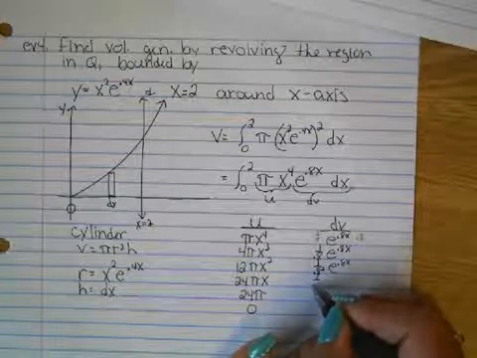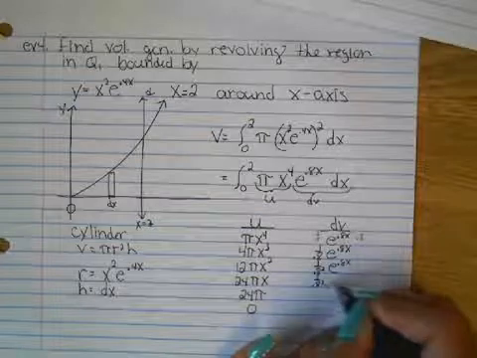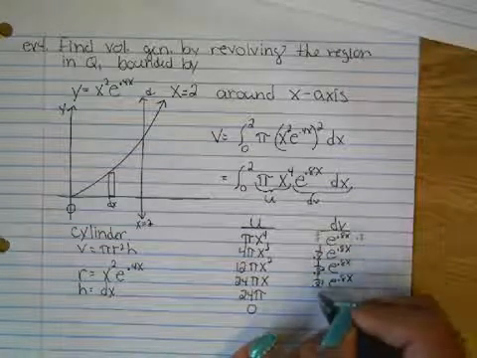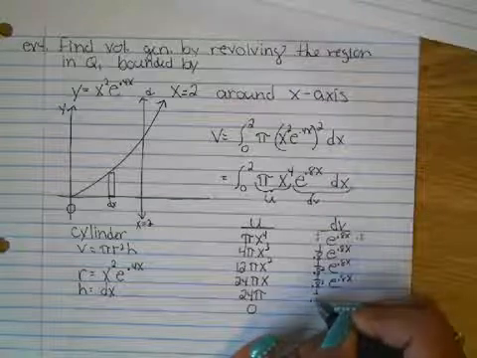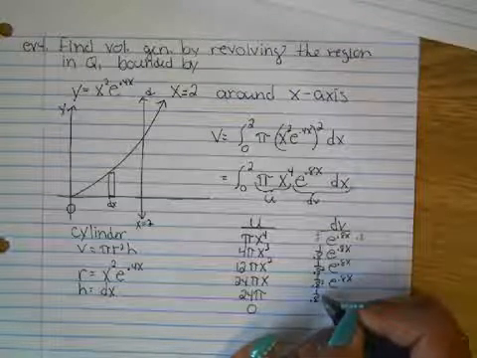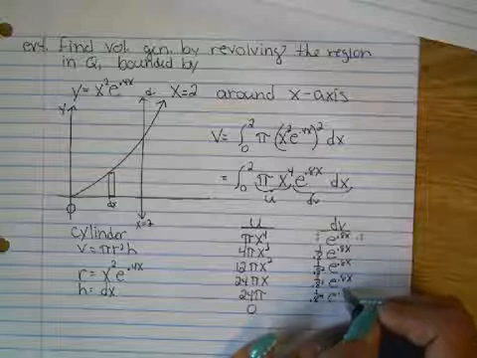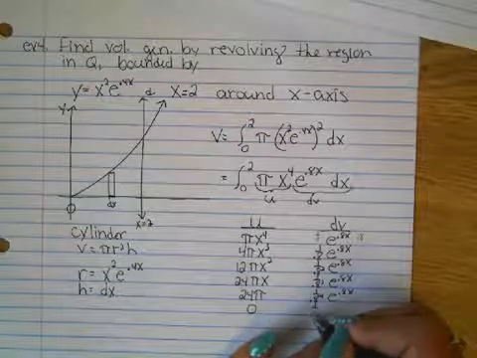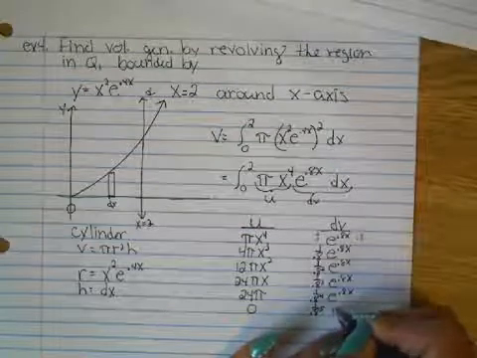So this will be 1 over 0.8 cubed. And then one more time, 1 over 0.8 to the 4th. And then one last time, 1 over 0.8 to the 5th.